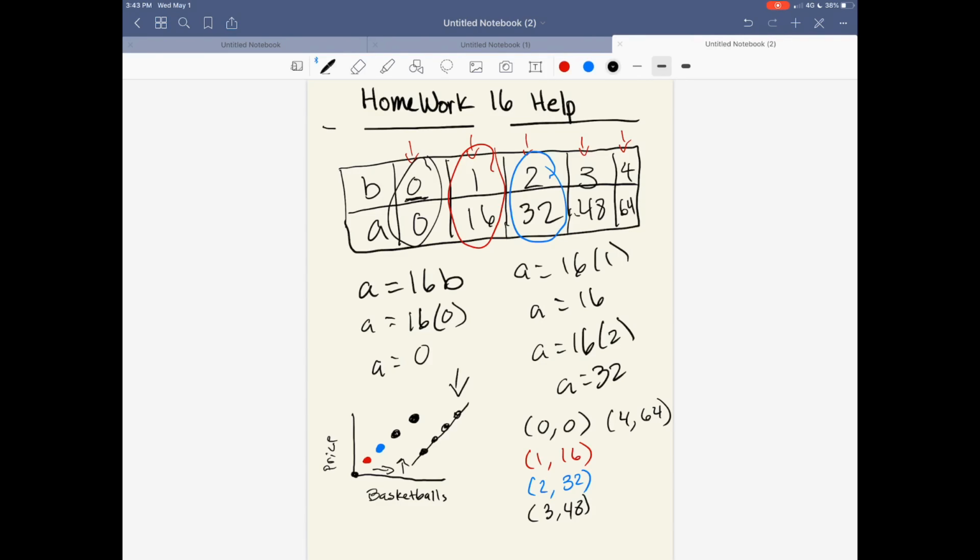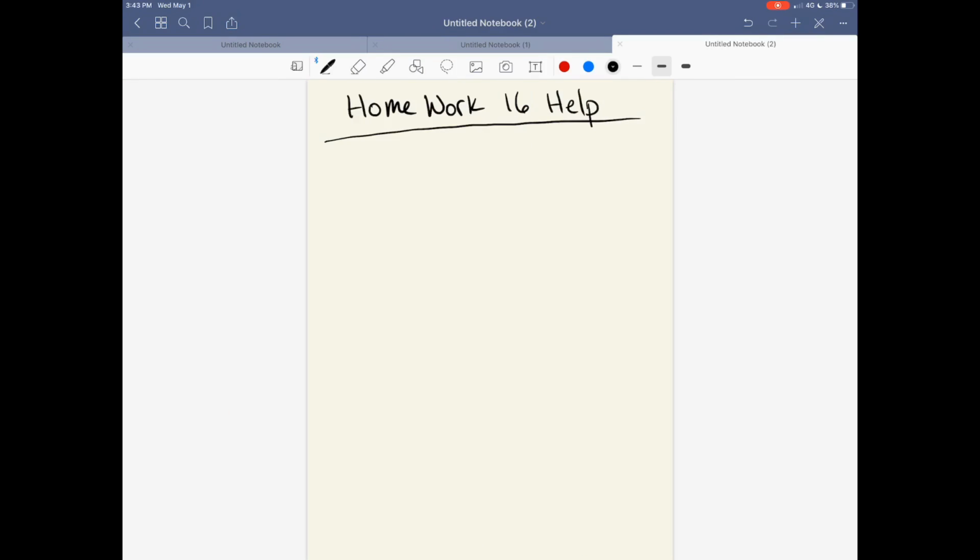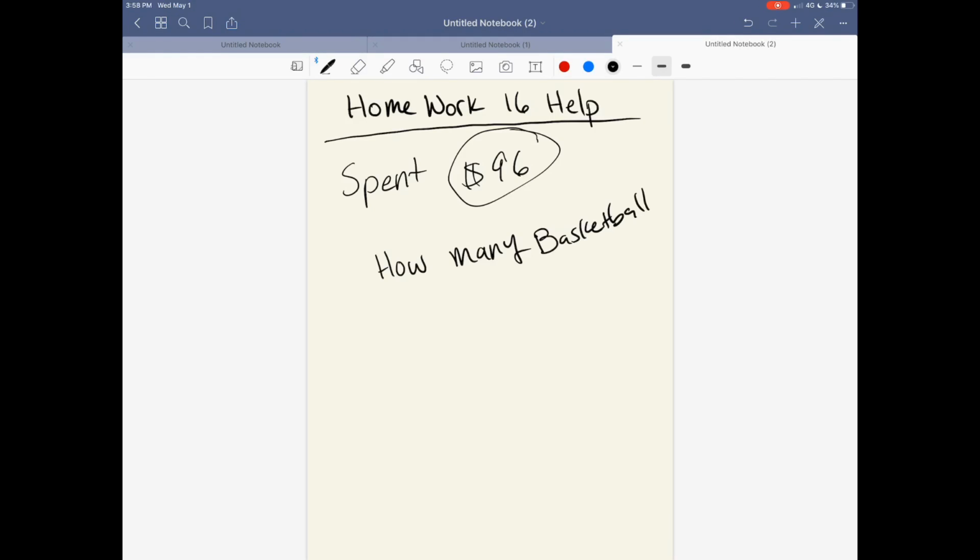And then the last part says, suppose the coach spent $96. How many basketballs did she buy? Okay. So how many basketballs did she buy if she spent $96?